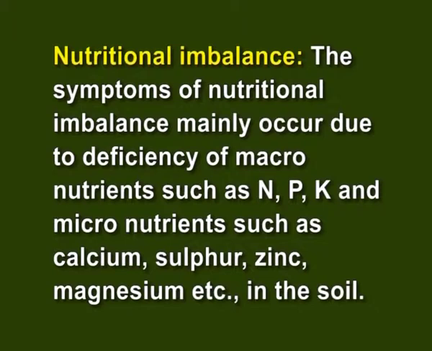Then nutritional imbalance. The symptoms of nutritional imbalance mainly occur due to deficiency of macronutrients such as NPK and micronutrients such as calcium, sulfur, zinc, magnesium, etc. in the soil.